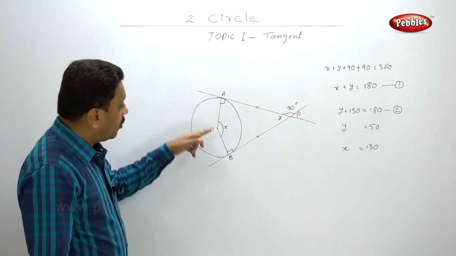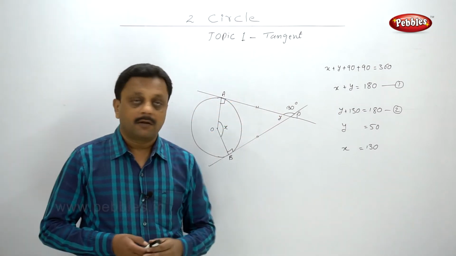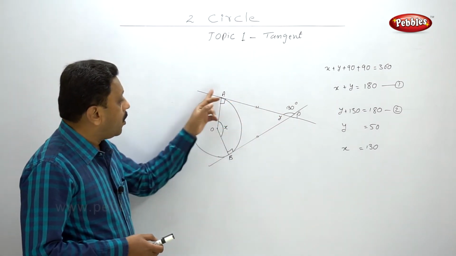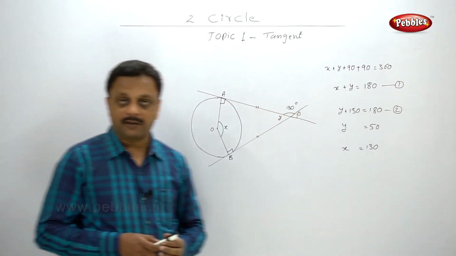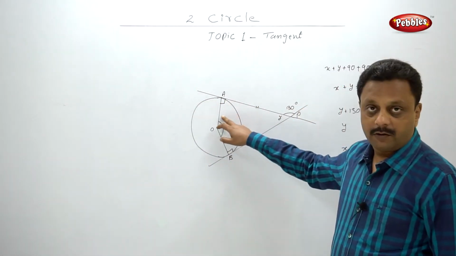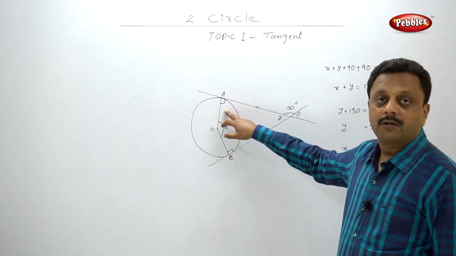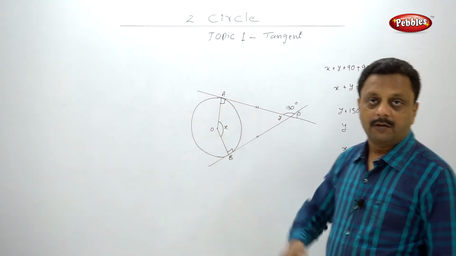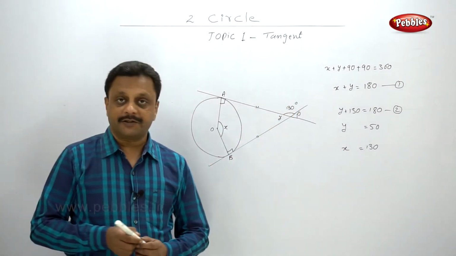But now if you want to solve by the traditional method, what you have to write? Angle AOB plus angle APB plus angle OAP plus angle OBP equal to 360. And since you have to give reasons, initially you have to give the reason: this angle is 90 degrees because the angle between radius and tangent at that point is 90 degrees.